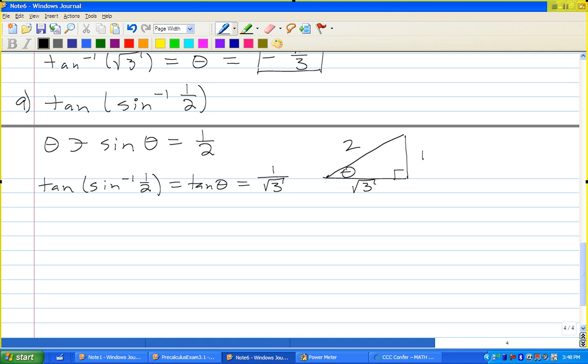So 1 over root 3. I'll rationalize the denominator. And so multiplying by root 3 over root 3, I get root 3 over 3. Let me do problem number 10.